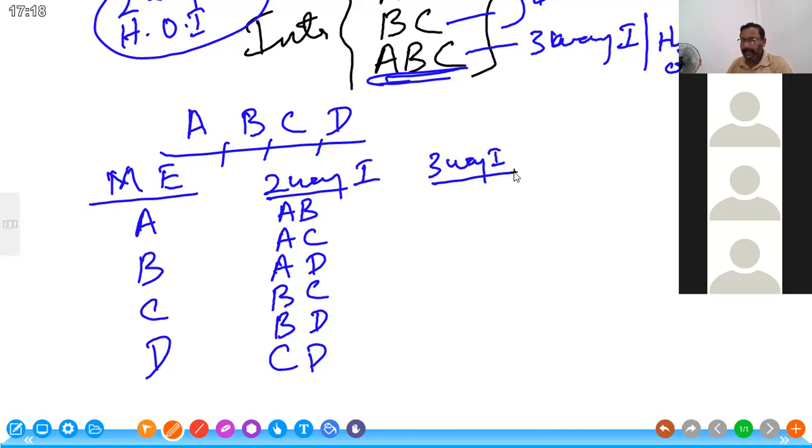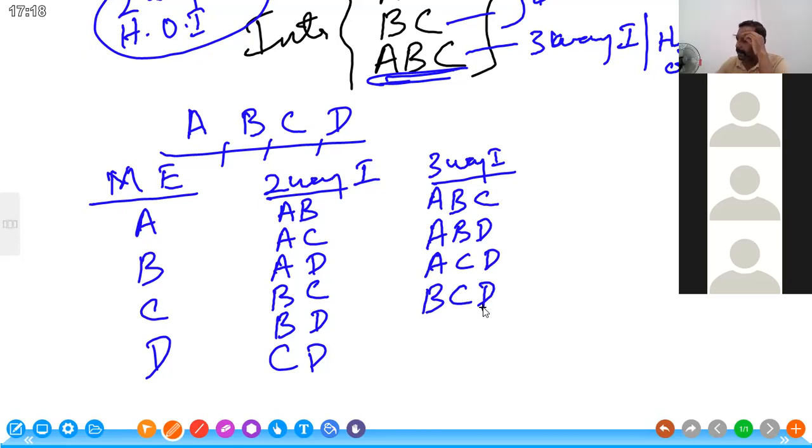ABC, ABD, ACD, BCD. Okay, good. What about the highest order, the last one? This is called the four-way or highest order interaction, A, B, C, D.